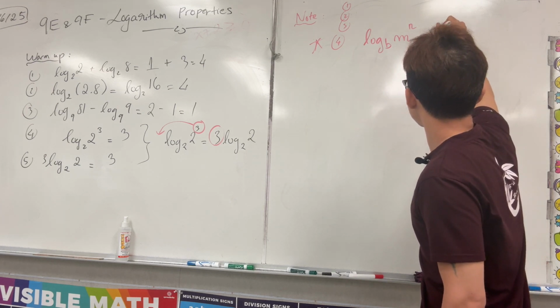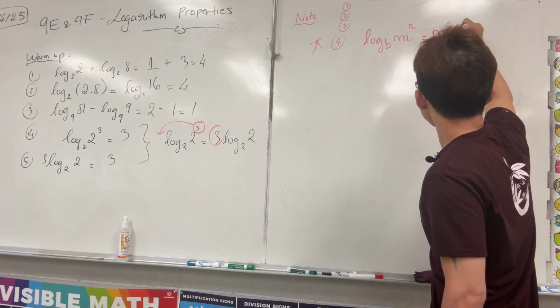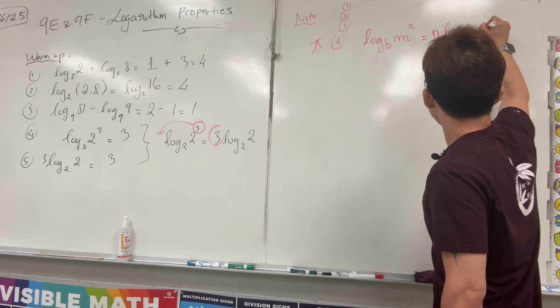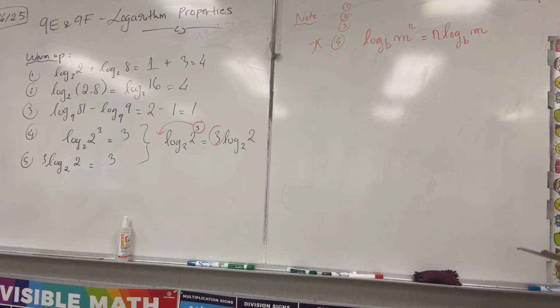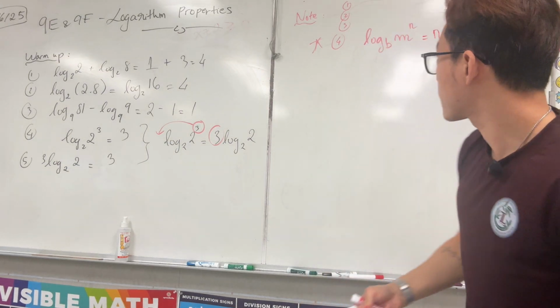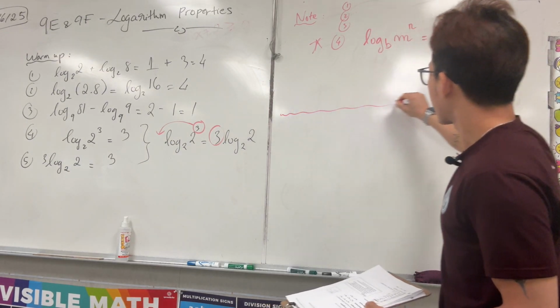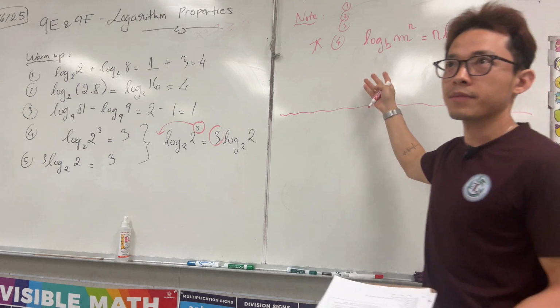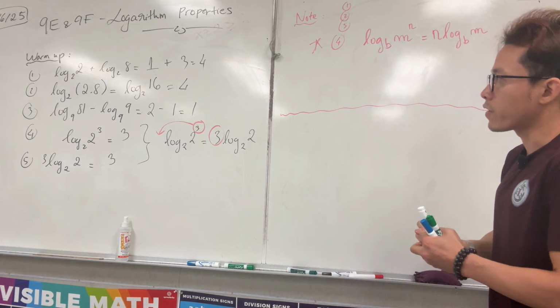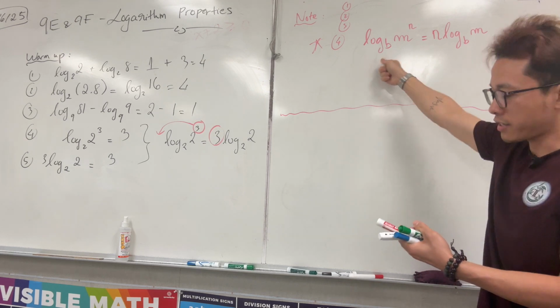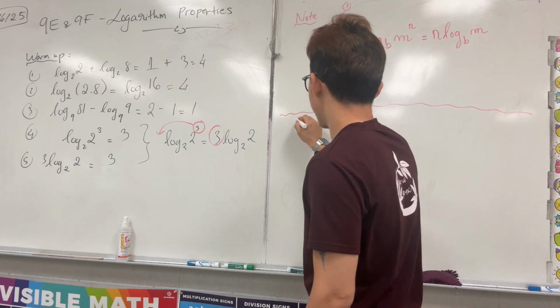This is very, very popular. How many lines do we have left? 4 lines, right? Okay, so let's do a couple of examples about this property specifically.